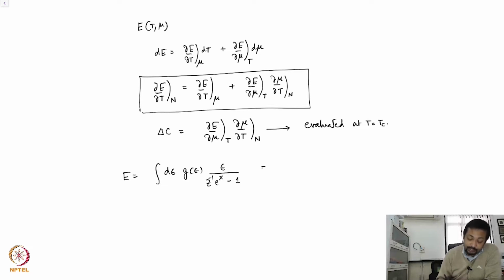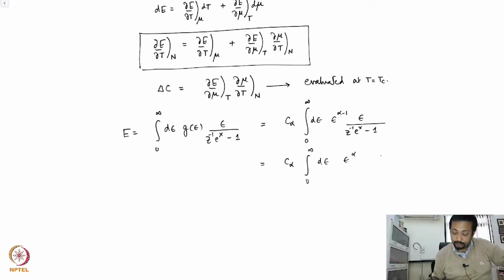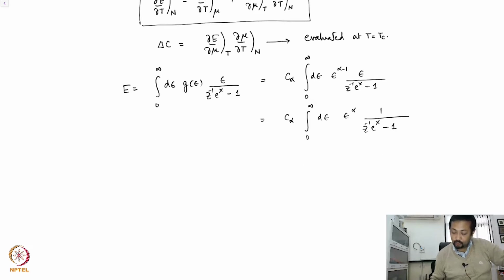It's going to be C alpha integration d epsilon from 0 to infinity epsilon to the power alpha minus 1, then I have an epsilon divided by z inverse e to the power x minus 1, which I have as C alpha integral from zero to infinity d epsilon epsilon to the power alpha times 1 over z inverse e to the power x minus 1.